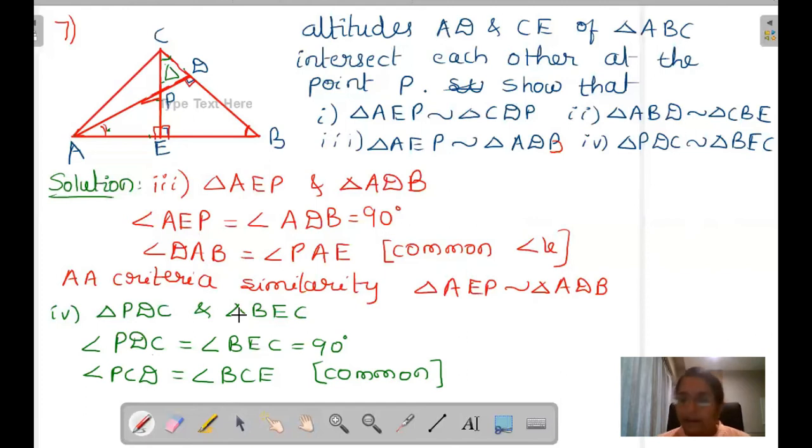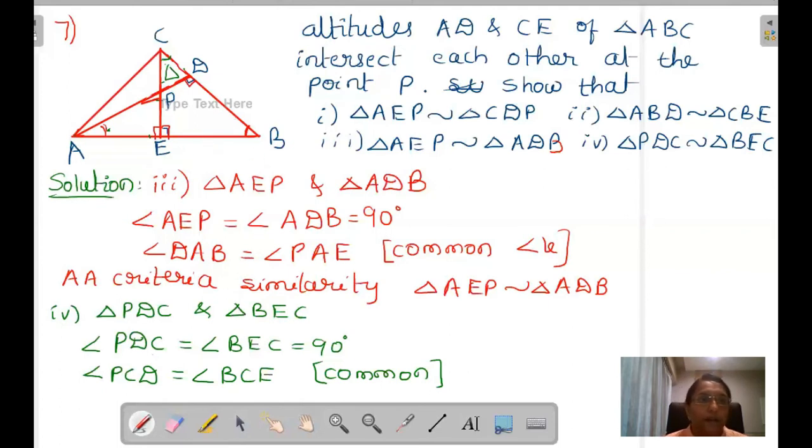Don't go for any sides, because we can't prove side proportionality; it is not given whether it is an equilateral, equiangular or isosceles triangle. They have not mentioned anything. In such cases, you cannot apply SAS or SSS criteria.